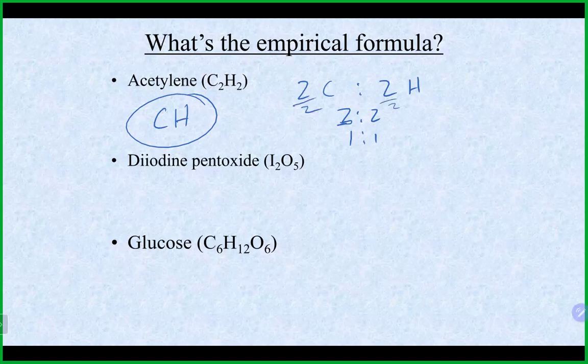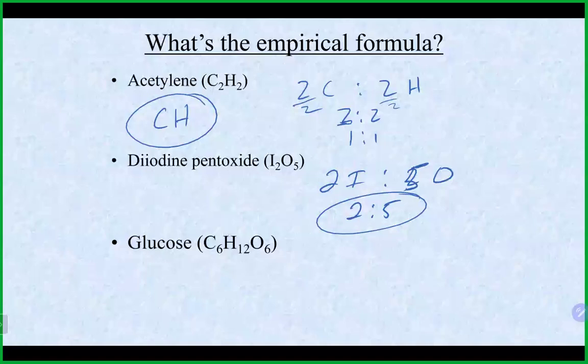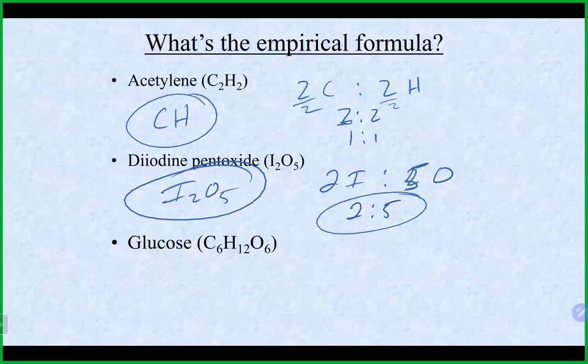The next one is 2 iodines for every 5 oxygens. That's a 2 to 5 relationship, and there's no way to reduce that any further and still hit whole numbers. So this would also be its empirical formula.